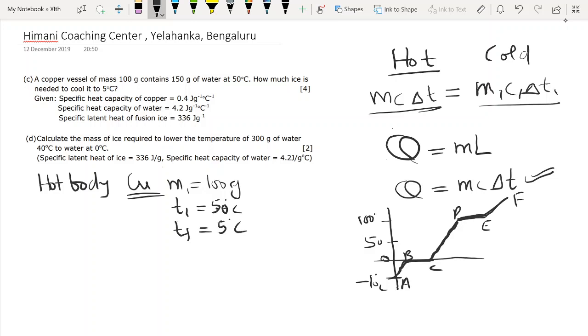So what is the change in temperature? Change in temperature delta T would be 50 minus 5, which is 45 degrees Celsius.